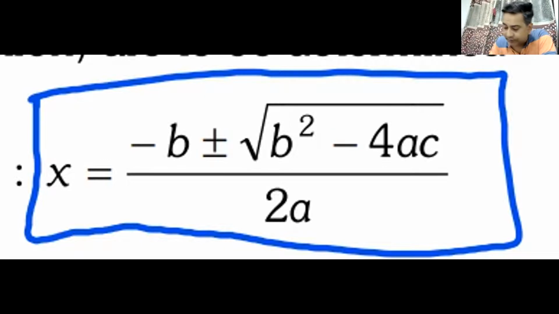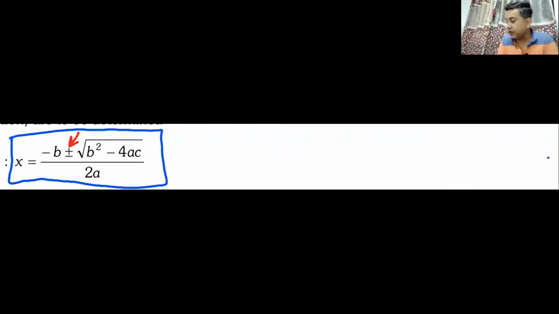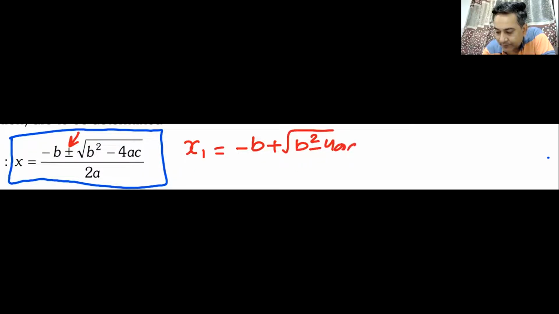So what you've got to do is, the first value of x can be achieved by taking the positive sign. If you take the positive sign of this equation, which I've just shown you, then the first value of x, let me call it x1, the red value, will be equal to minus b plus root over b square minus 4ac, everything under root, divided by 2a.